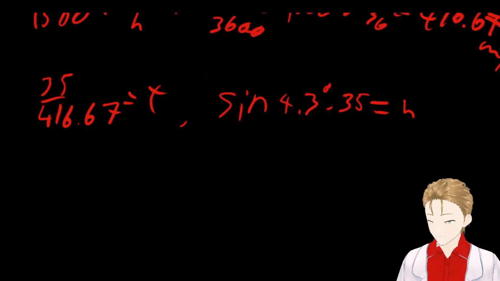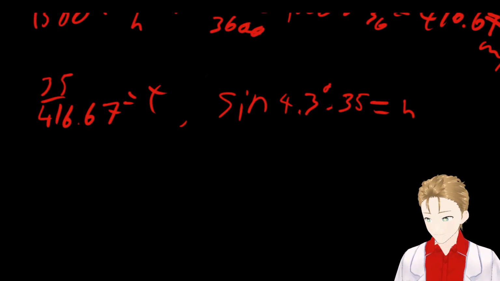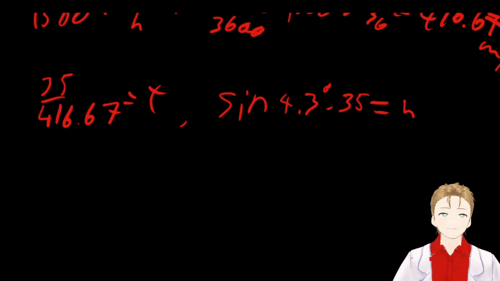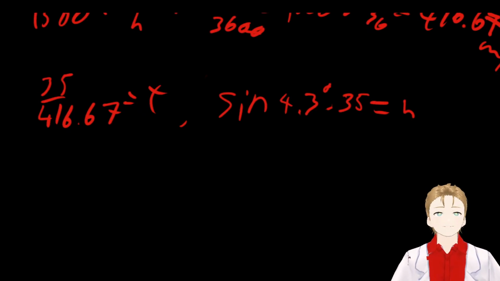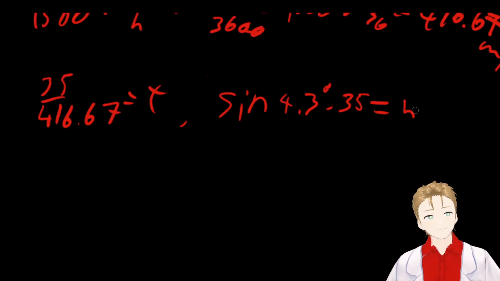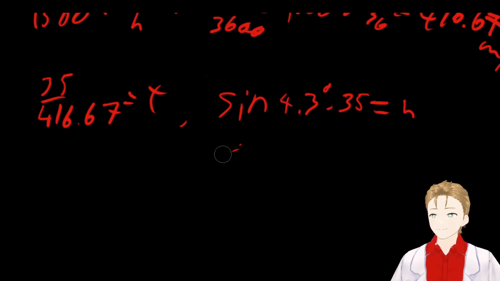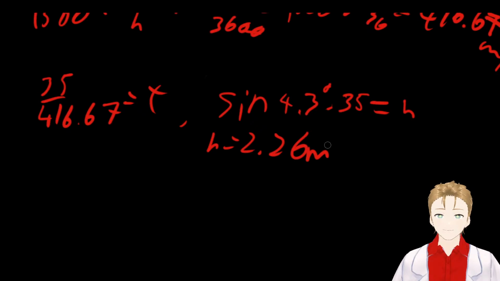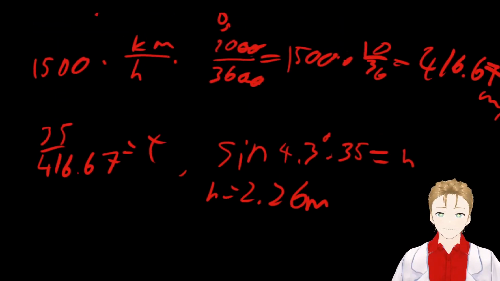Let's just say h. I hope it helps. Sine of 4.3 times 35 is 2.26. H is equal to 2.26. Not sure if it helped at all.